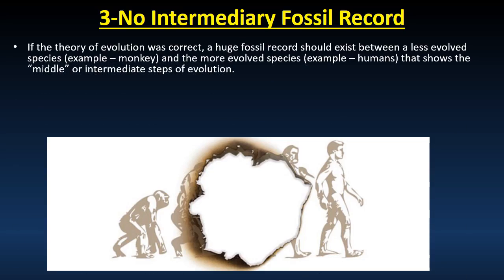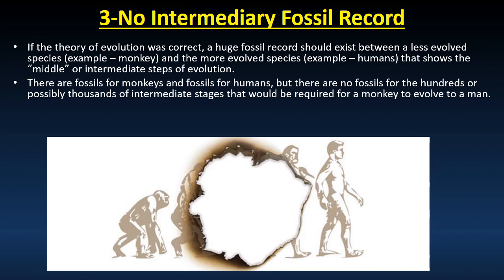So basically what this is saying is if the theory of evolution was correct, a huge fossil record should exist between a less evolved species like the monkey and the more evolved species like the human that shows all of the middle steps that took place.